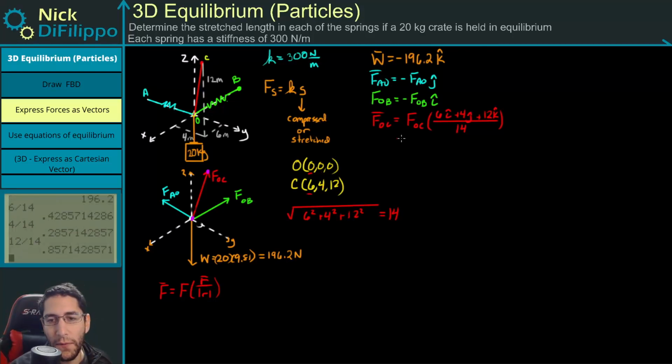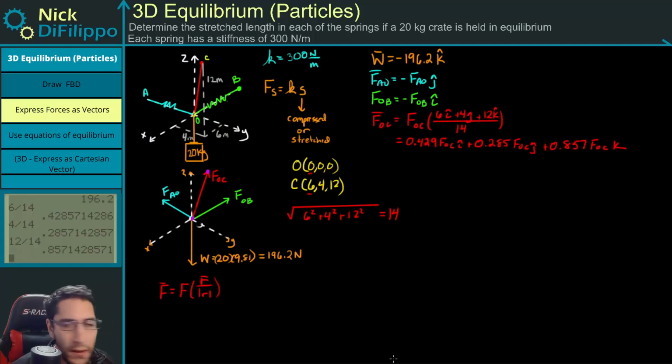So our force along OC is going to be equal to 0.429 F_OC i plus 0.285 F_OC j plus 0.857 F_OC k.